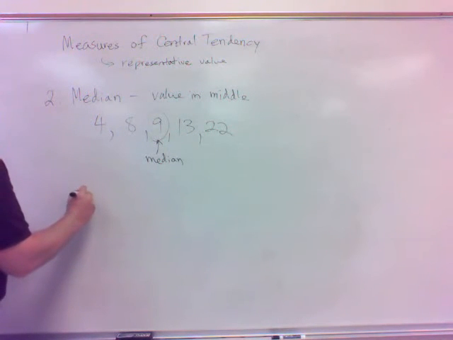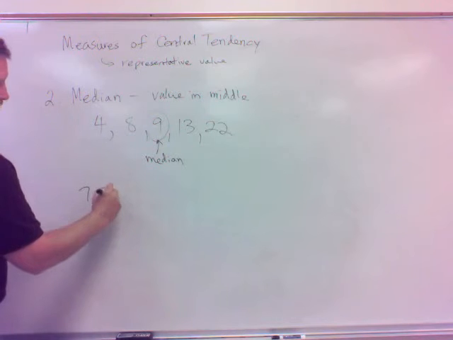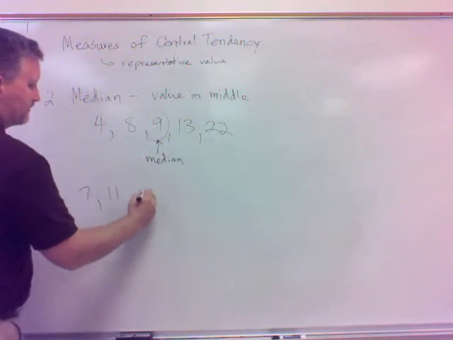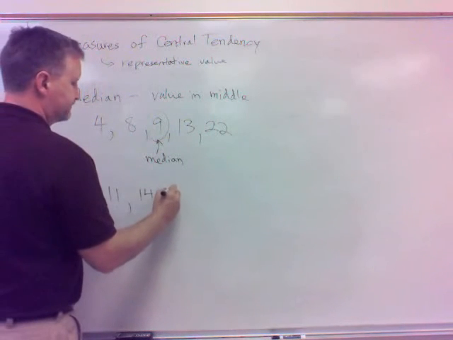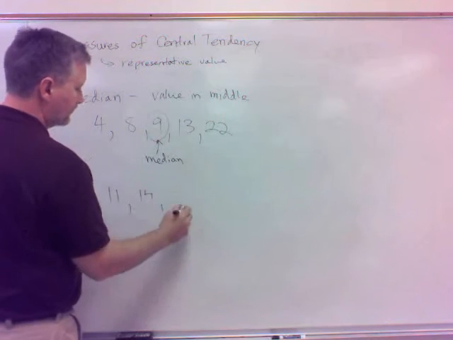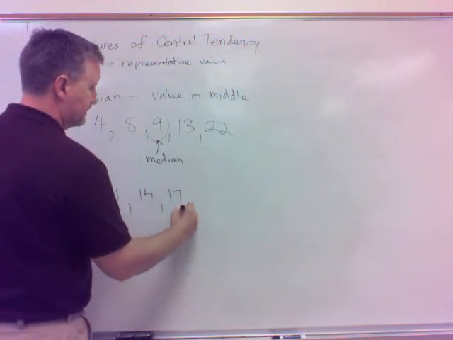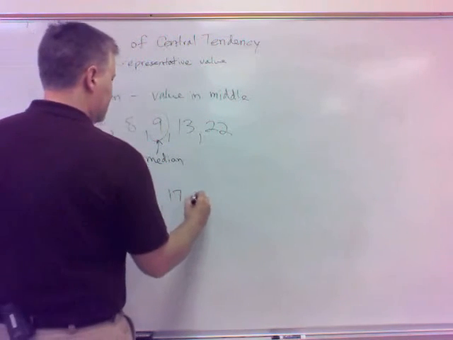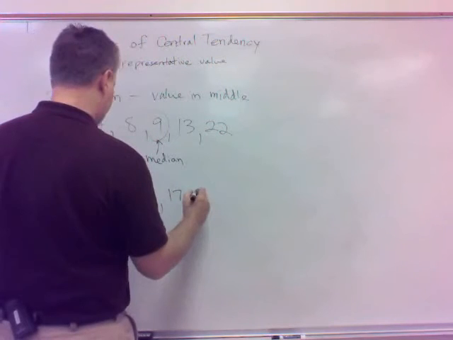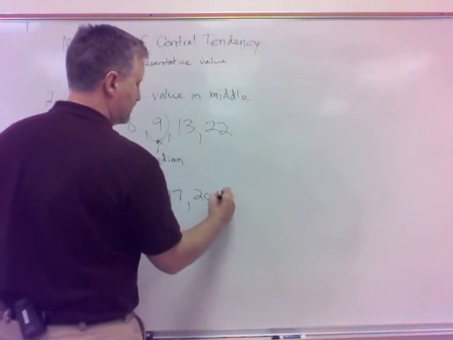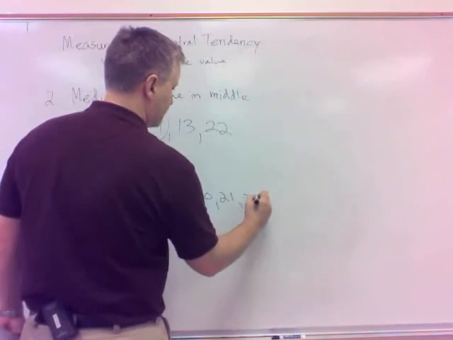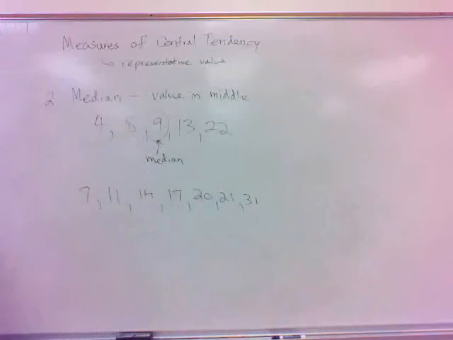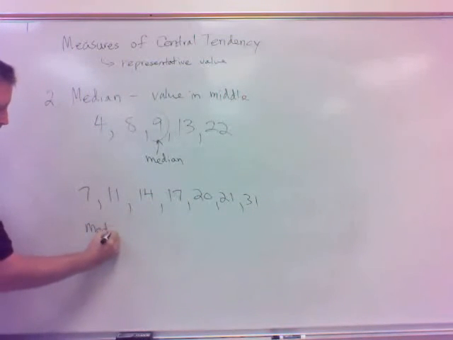What if I had 7, 11, 14, 17, 20, 21? What's the median going to be right there?